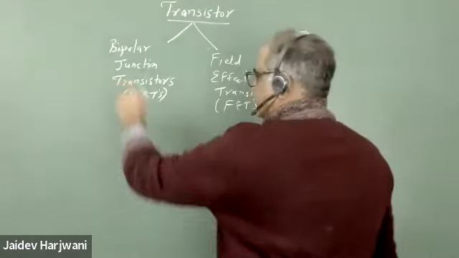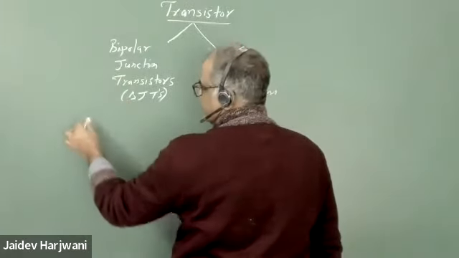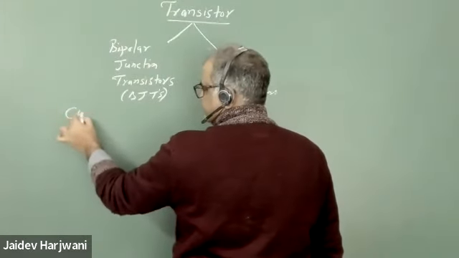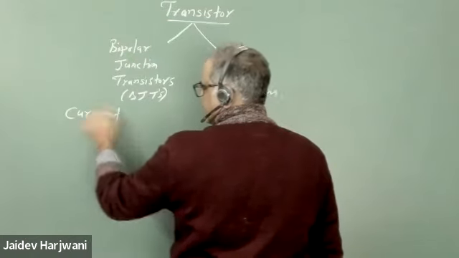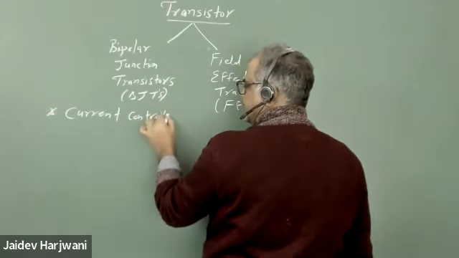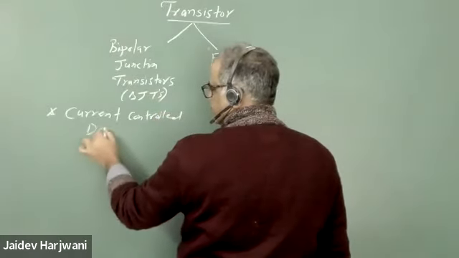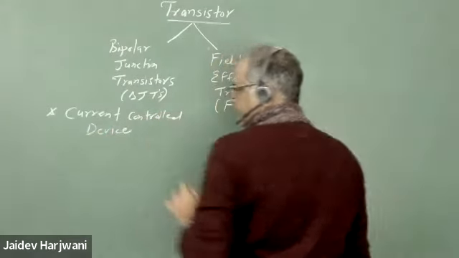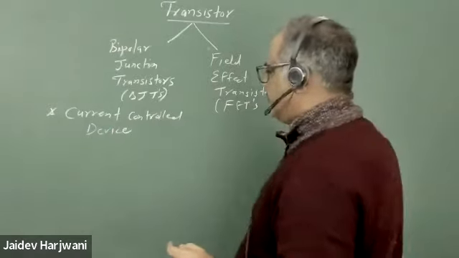So basically, the difference is that BJT is a current control device. We control its operation by using current.